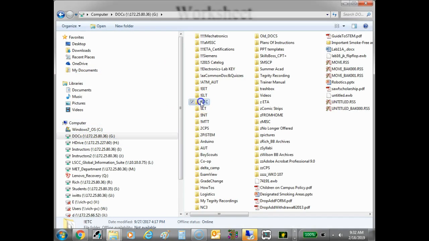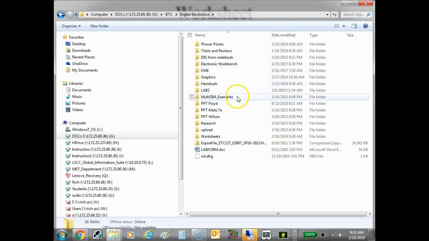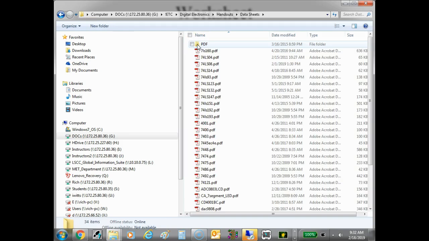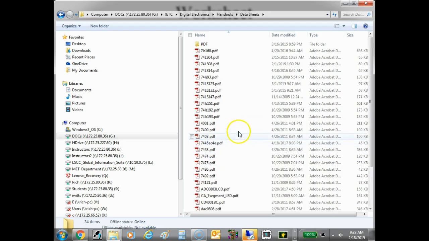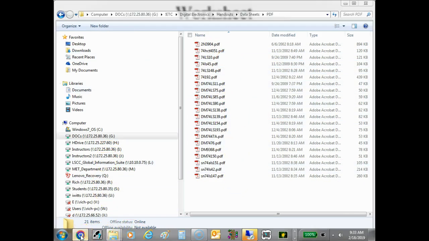So let's see if we can. But it doesn't do a logic function, so we don't consider it to be one of our five basic gates. So we're dealing with a 7404, which is a hex inverter, right?